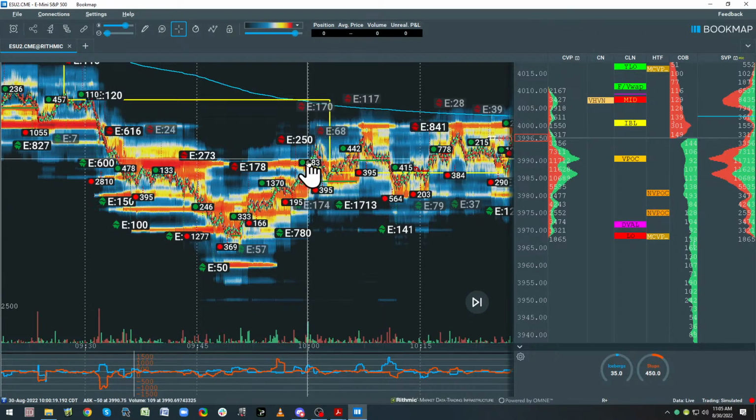Now, I want to talk to you about structure, because once we got down here, you'll notice the behavior changed. Counter rotation. But let's look over here now. And now the volume point of control is here. This is important.